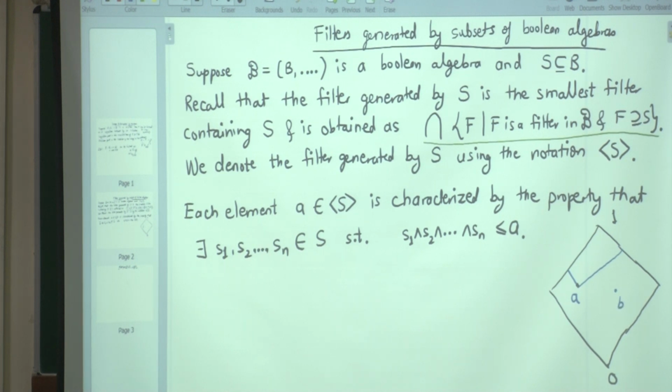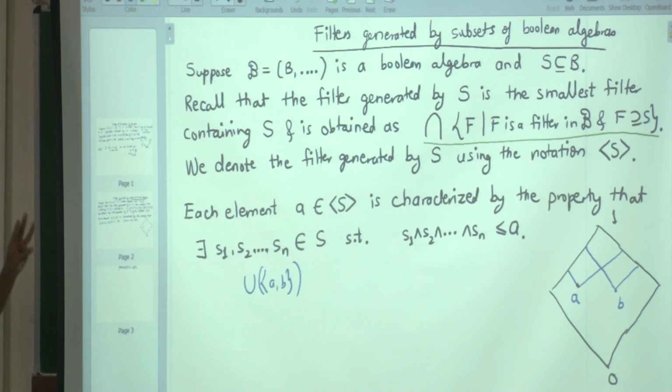Then for that also I need to consider the upward closed subset. So maybe I also close it under upper sets of B. So these are now two elements. However, whatever I have drawn so far is the upper set of the set of A and B. I haven't done anything more.